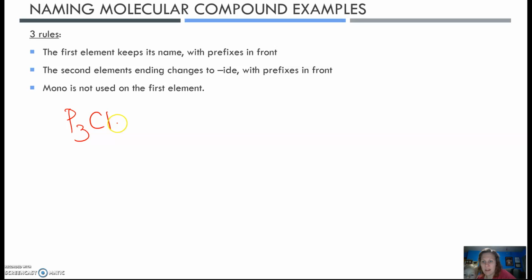P3Cl7. So naming is when you see a formula and then you write the name. The rules: the first element keeps its name, and we put the prefix in front. The second element ending changes to "ide." So this is phosphorus and chlorine. The 3 means tri, so it keeps its name: triphosphorus.